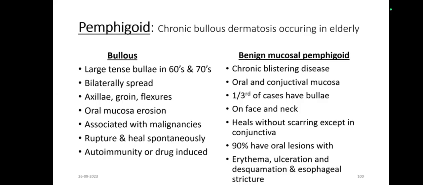One characteristic difference is that benign mucosal pemphigoid has erythema, ulceration, and desquamation of the oral and esophageal area, but the bullous form is usually on the trunk.